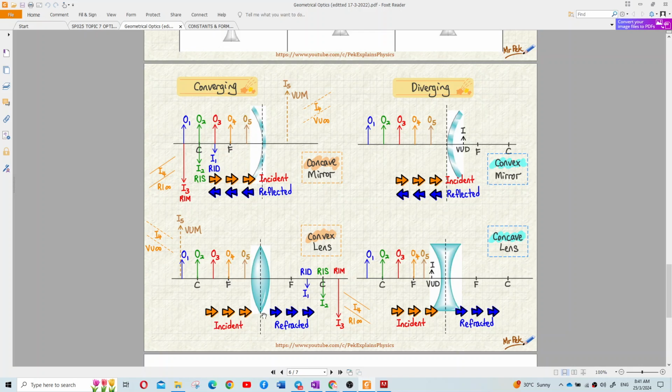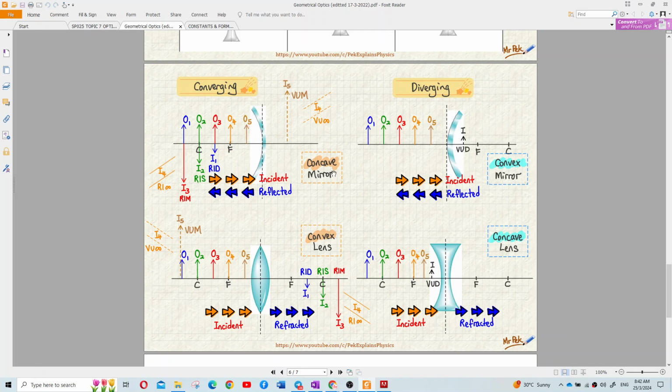Incident ray, refracted ray. For mirror, the light is reflected, terpantul. Understand, class? This one the light is reflected, this one the light is refracted and goes to the other side.